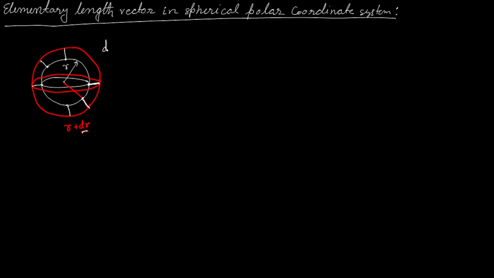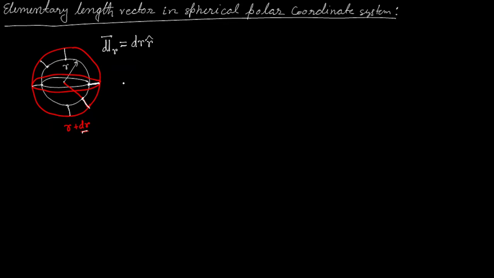In general, we represent it as dl r, the r component of the elementary length in spherical polar coordinates. Magnitude is dr, and r cap is the radially outward direction.